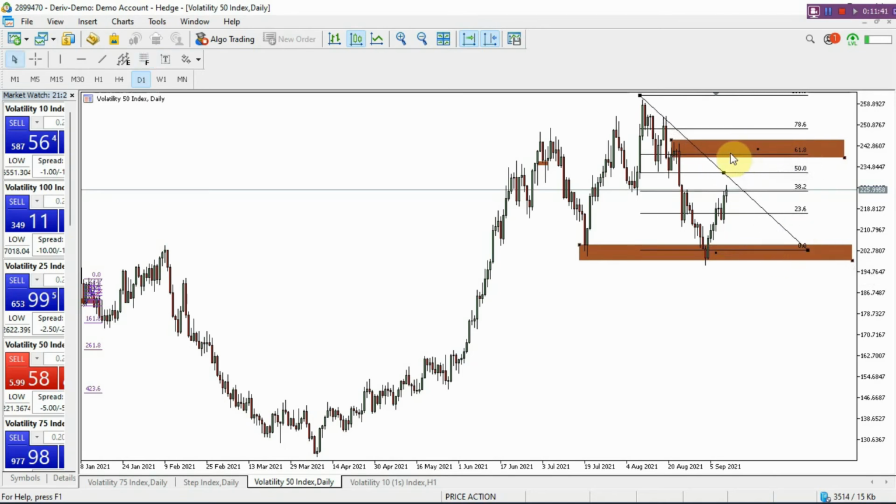So I want to be careful around this region. This VIX 50, we could have a sell from this region. We have 61.8 confluence here, and we have our little previous resistance, which we want to play in back here. Okay, so VIX 50, be aware of a sell.